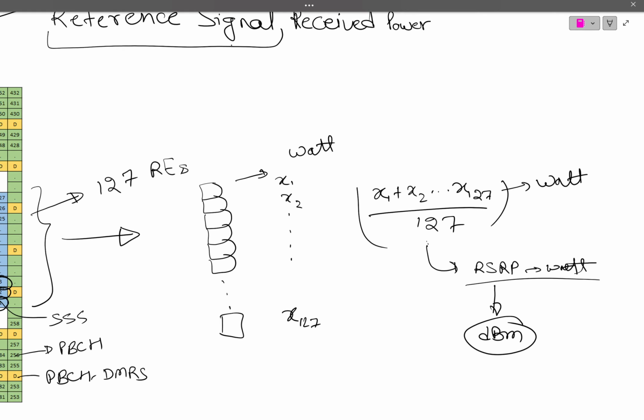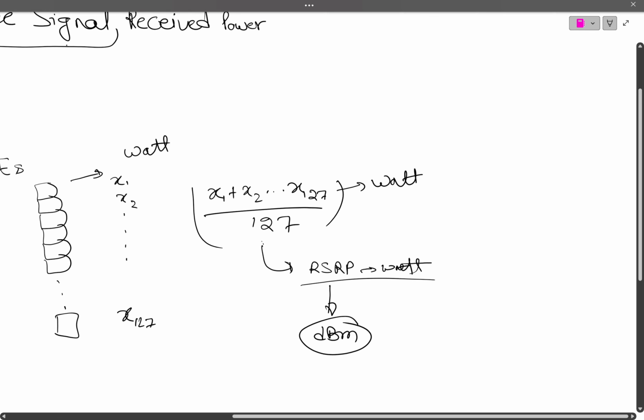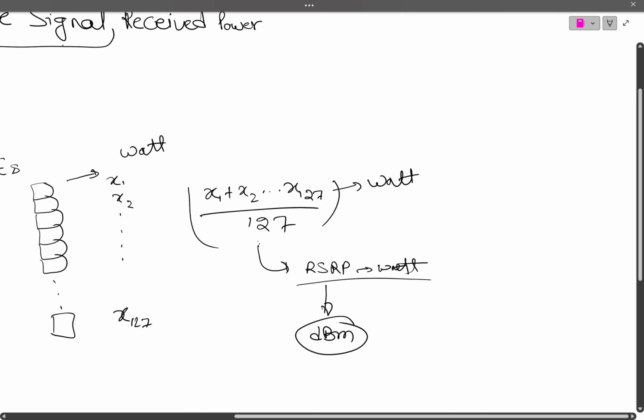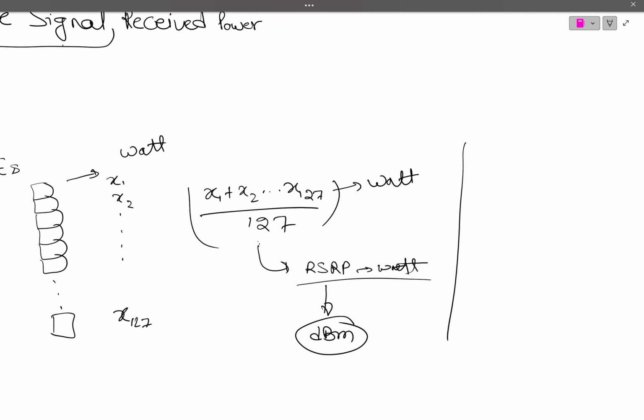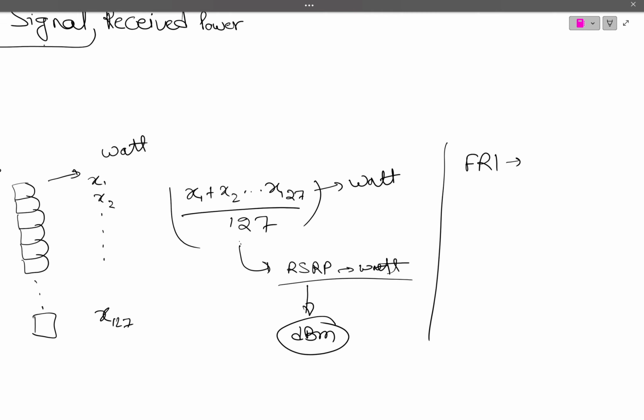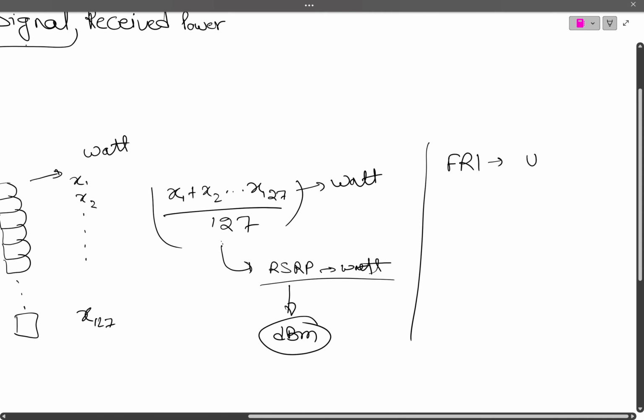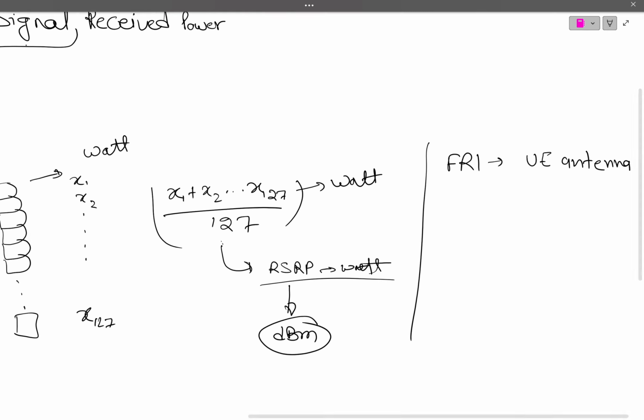For FR1, the UE reads it from the UE antenna connector. Normally the assumption is that in FR1 we don't combine many antenna elements, so in FR1 it's from the UE antenna connector.